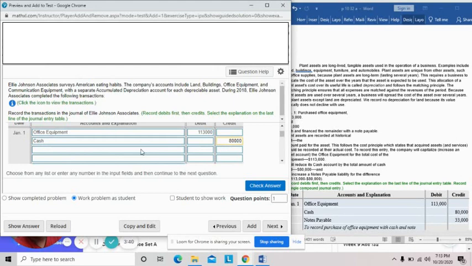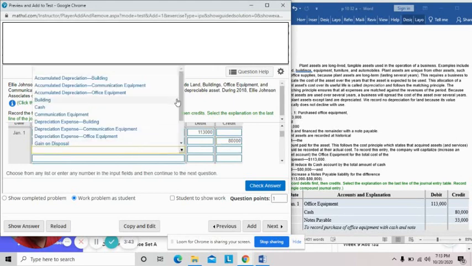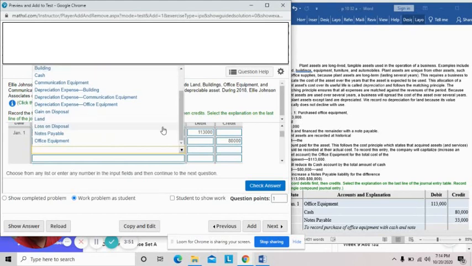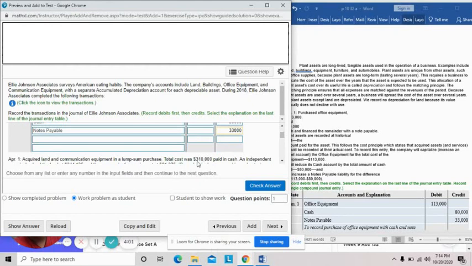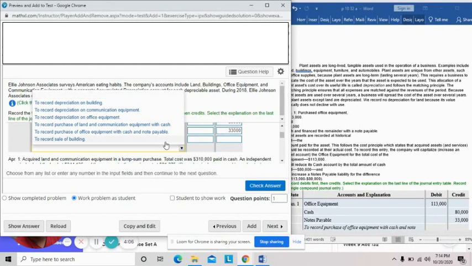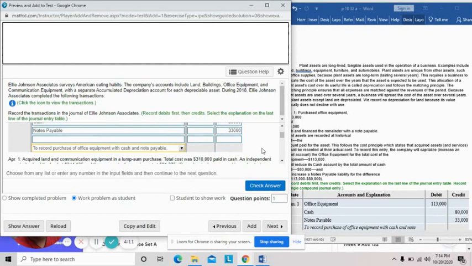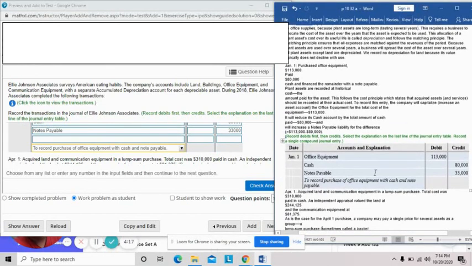And then the remaining is a credit in notes payable. As I mentioned, that is basically office equipment, $113,000, minus cash, $80,000, for notes payable of $33,000, a credit of that amount. So the explanation for this journal entry is: record purchase of office equipment with cash and note. As we see here. Okay, so on to the next entry.